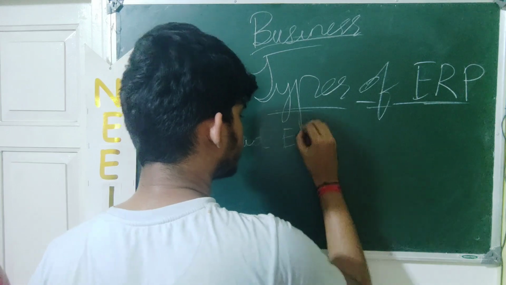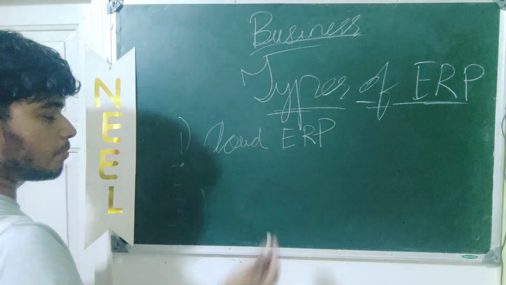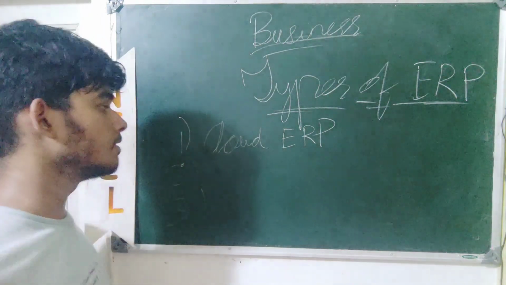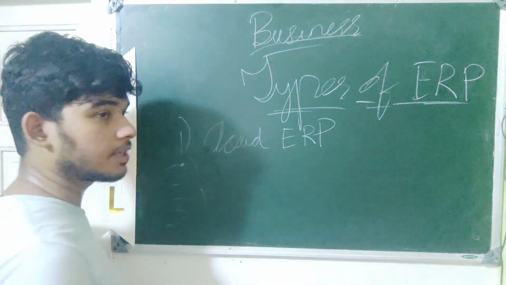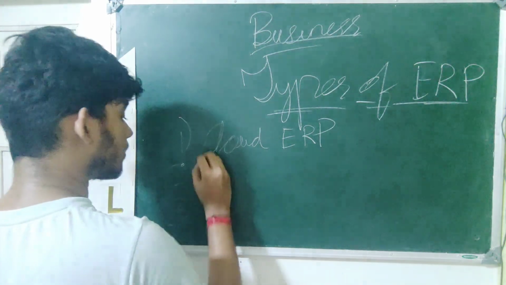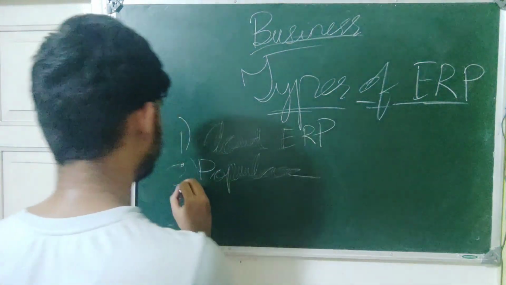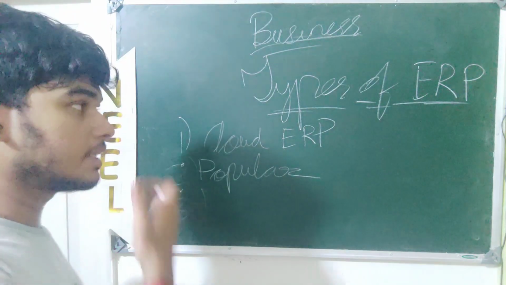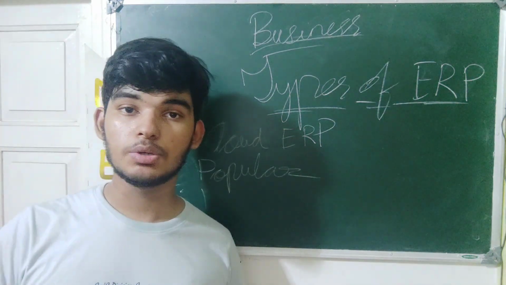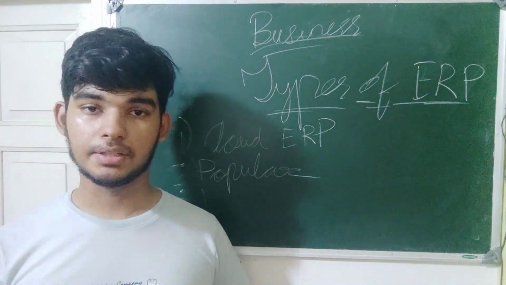So what is cloud ERP? Cloud ERP has a lot of advantages. The first thing is that it's increasingly becoming the number one ERP that most people use. It's becoming more popular day by day. What cloud ERP does is that it is connected to the cloud and is bought as a subscription from the company.